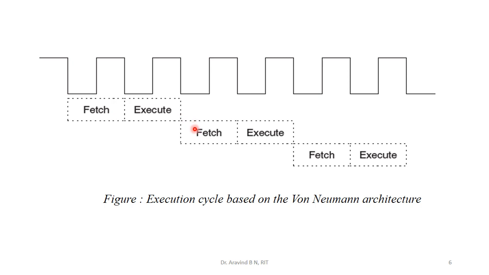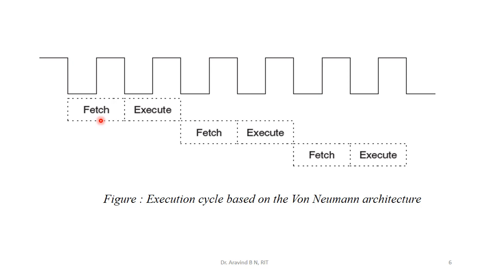So this clearly indicates that when the data or the instruction is being fetched, the ALU remains in the idle state. The ALU has nothing to do, therefore it will be idle. When the ALU is in the execution state, executing certain instructions by making use of data, then the address or the data bus will be in the idle state.